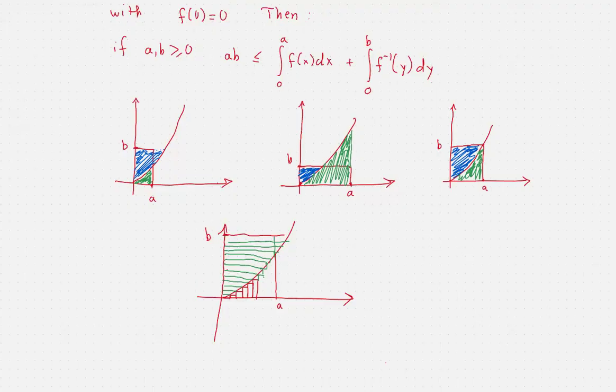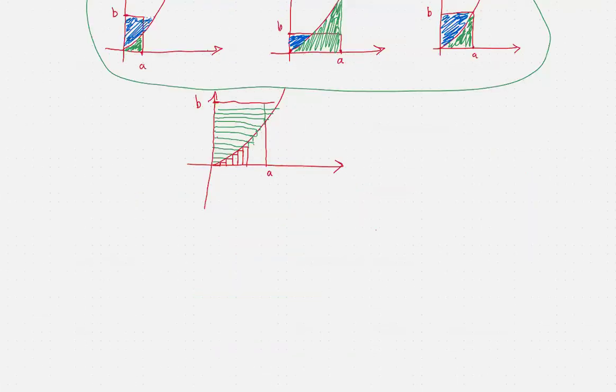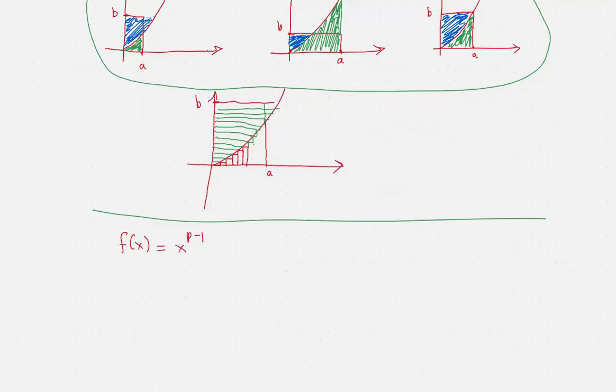And we would like to actually use Young's inequality for a specific case. And the specific case is the case where we have f of x equals x to the p minus 1 for a number p which is greater than 1. This is exactly the case where this function is going to be strictly increasing and has f of 0 equals 0.